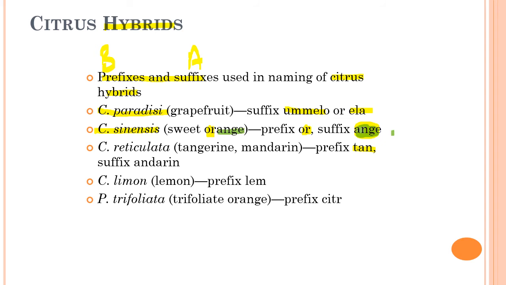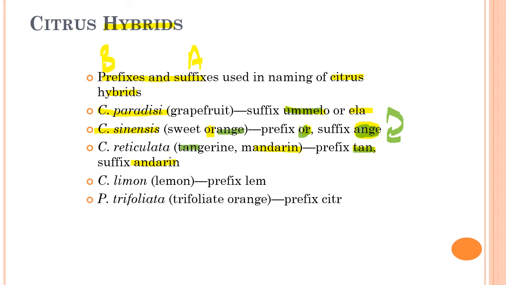For example, if you mix these two together, you can have oro. If I hybridize orange with grapefruit, I will take oro and melo. So or coming from one plant and melo from the other plant. So it becomes a new one. Tan for tangerine, right? Or I can take the end, darine, from mandarin.